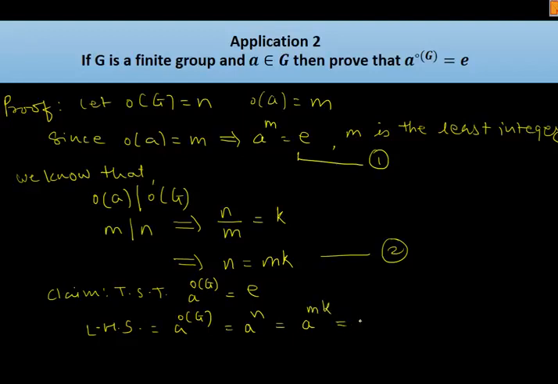Using the laws of indices, I will write a to the power mk as a to the power m, raised to k. From equation 1, a raised to m is equal to e, so this is e raised to k, and we know that identity raised to k is again identity, which is the right hand side.